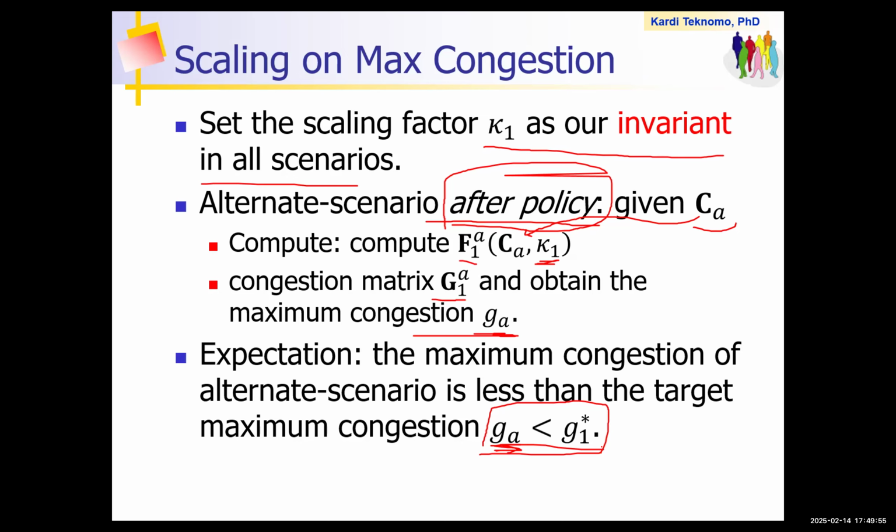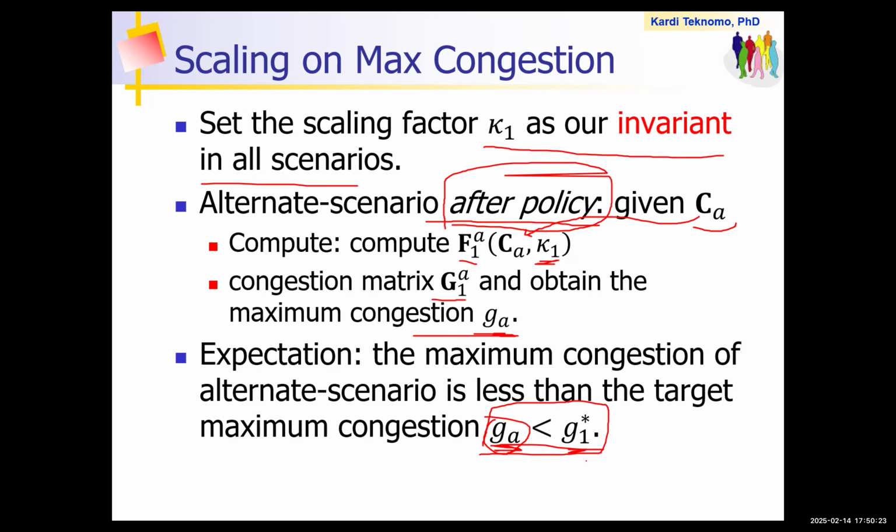It's the policy. Then the computation, oh, this is not correct, oh, this is not correct. Once you get GA less than the target, say the target is 0.9 or 0.8, and you get 0.7, 0.8, or 0.6, good, I already improved the congestion.